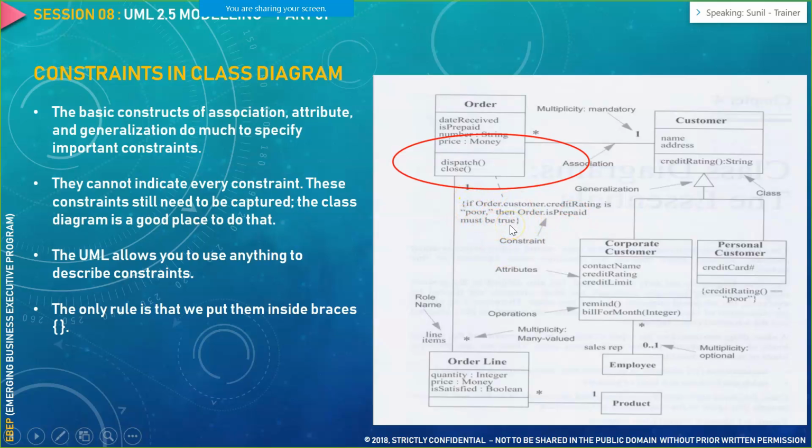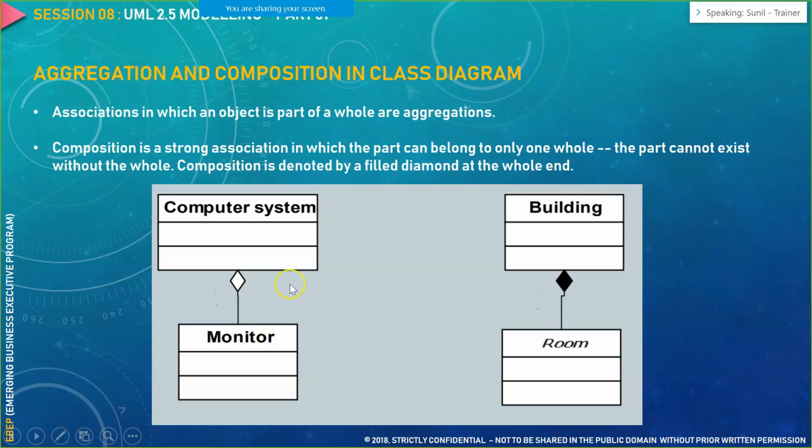So if the customer is not that good in terms of repayment, then we would enforce the system to charge the customer upfront. There is no line of credit given to him. So those kinds of conditions we can put in a class diagram. Those conditions are called constraints when you are developing a class diagram.